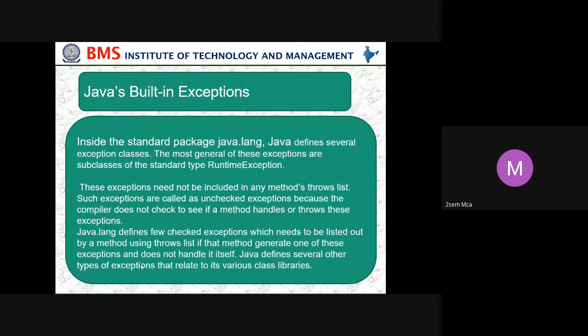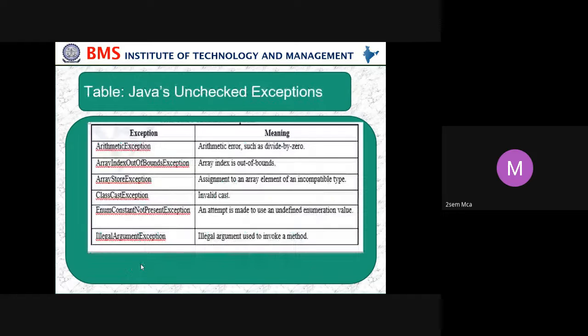Java also defines a few checked exceptions, which need to be listed by a method using a throws list if that method generates one of these exceptions and does not handle it itself. Java defines several other types of exceptions that relate to its various class libraries.